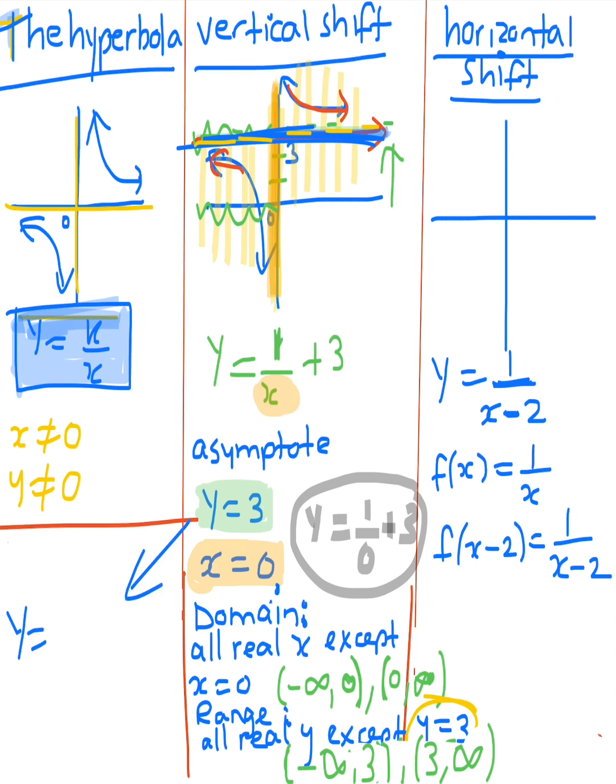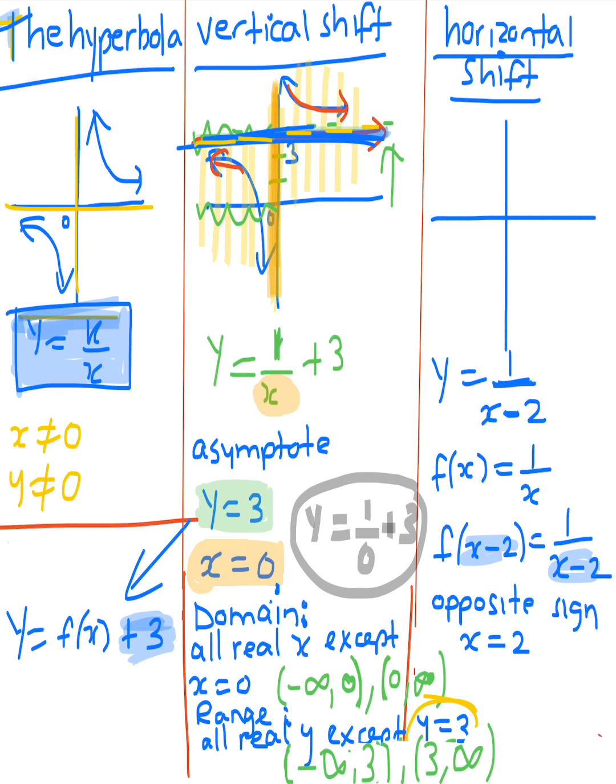The 3 earlier was outside the function, like having y equals f of x plus 3, whereas the 2 here is inside the function. And when it is inside the function, it shifts it the opposite sign. So x minus 2 will shift it to x equals 2. That's because of the reverse operation when you're solving for x.